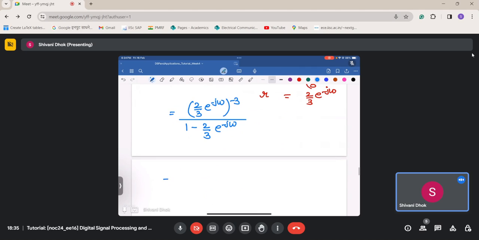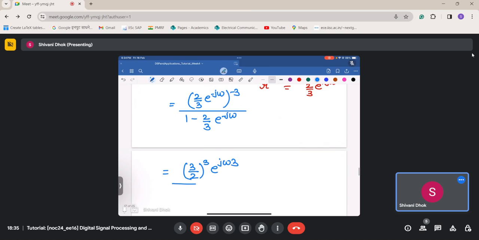So therefore this I can write as 3 by 2 to the power 3 into e power j omega 3, whole divided by 1 minus 2 by 3 into e power minus j omega.